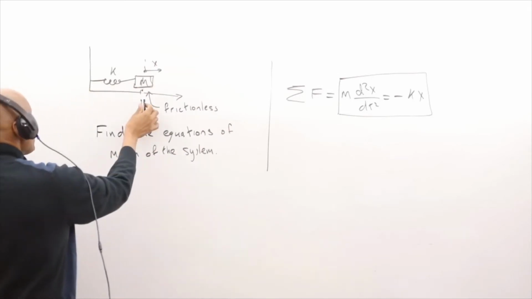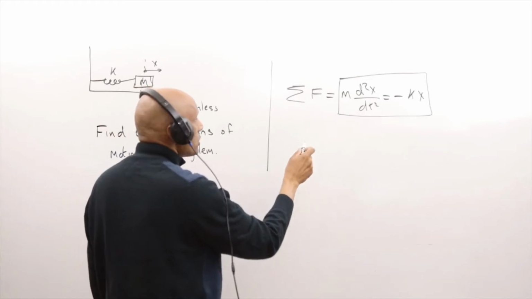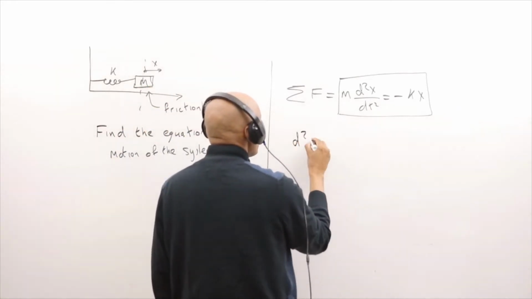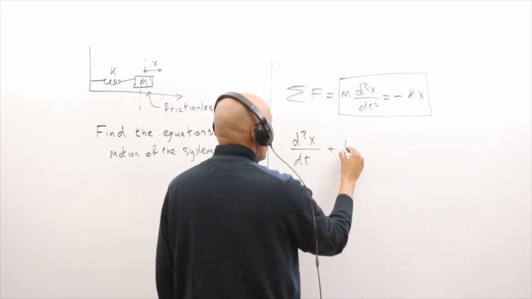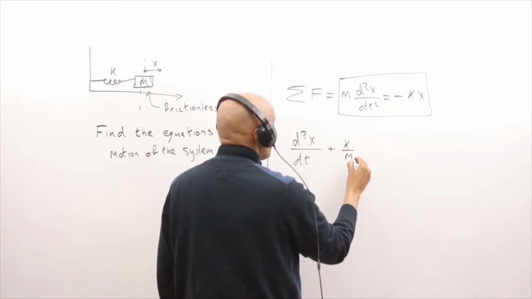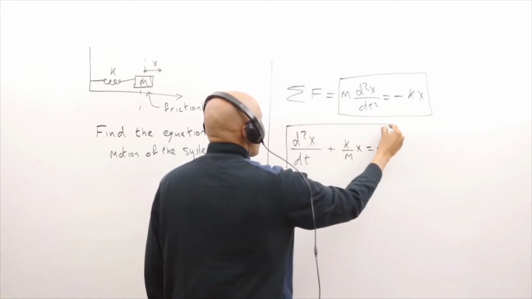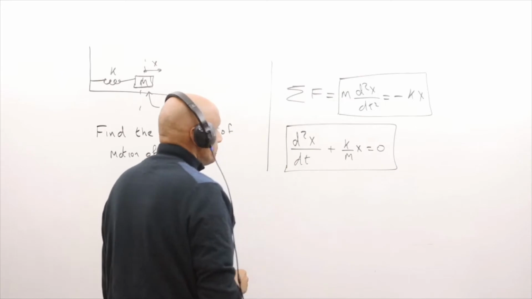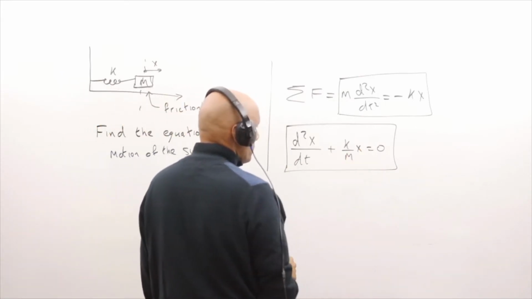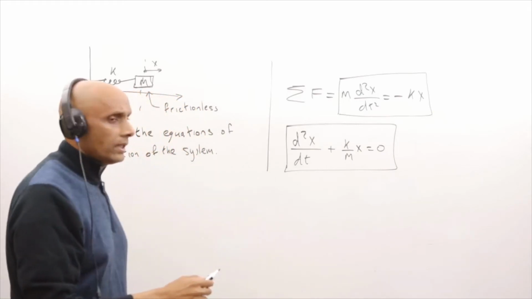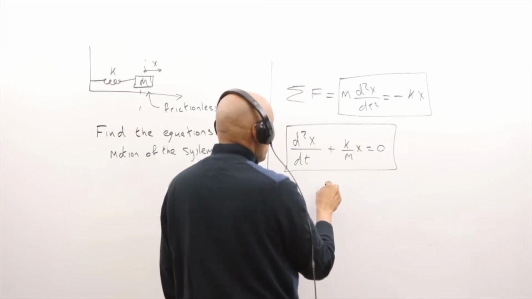So if you're given a mass m with a spring constant k associated with the spring, we get a differential equation, and I'll change this differential equation around slightly into a more standard form: the second derivative of x plus k over m times x is equal to 0, where k over m is a positive number.